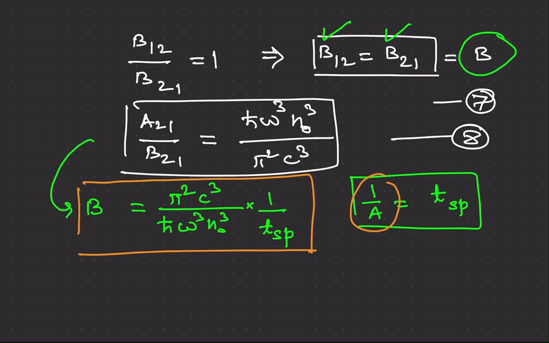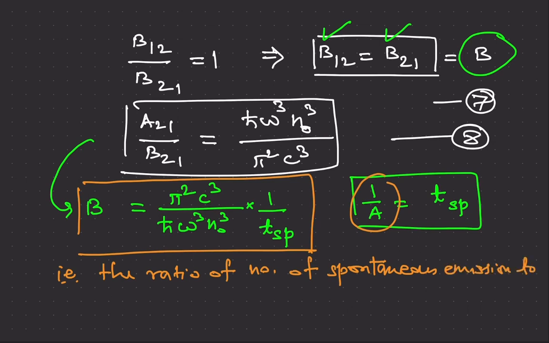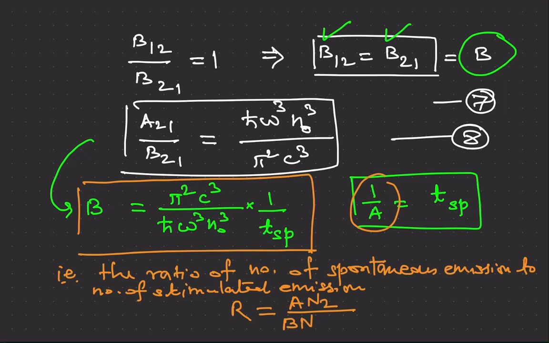The ratio of the number of spontaneous emissions to the number of stimulated emissions is given by R. The ratio of the number of spontaneous emission to the number of stimulated emission is given by R is equal to A N2 divided by B N2 U omega, and that is equal to A by B U omega.